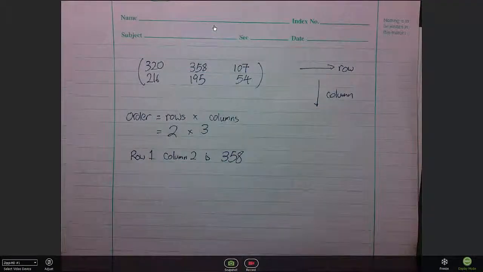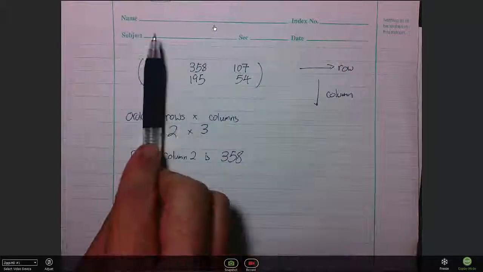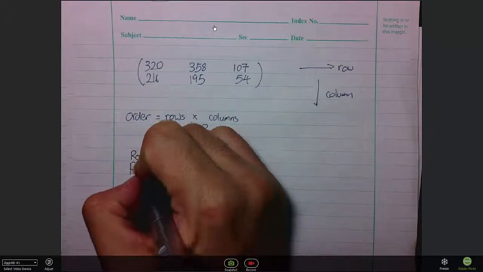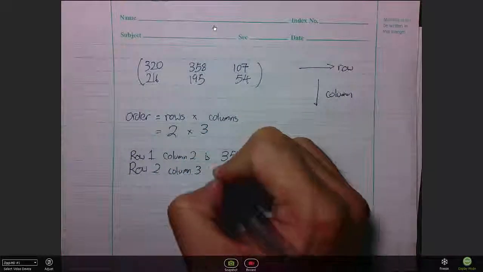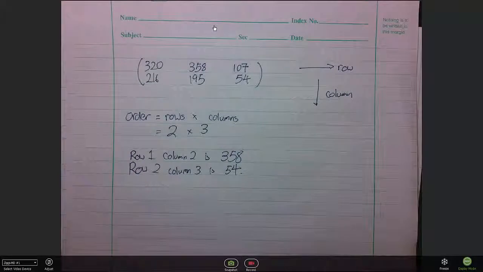So that's how we get data from a matrix. Now let's say if I want 54, it is row 1, row 2, column 1, column 2, column 3. So row 2, column 3 is 54. And that is how we have A, the order of a matrix, and B, how we retrieve data from the matrix.